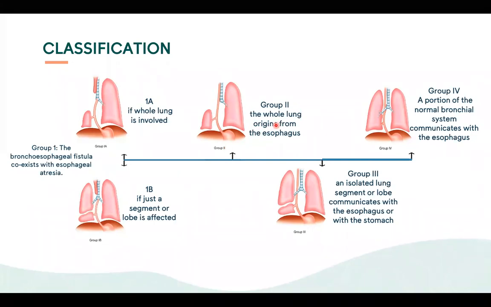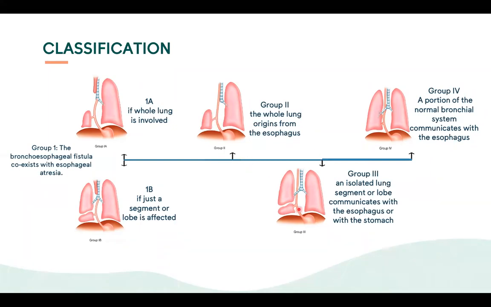Moving to the second group, which refers to the presence of an undeveloped lung. Like what you can see here, it originates from the lower segments of the esophagus, and we can say that the whole lung originates from the esophagus in the second group.